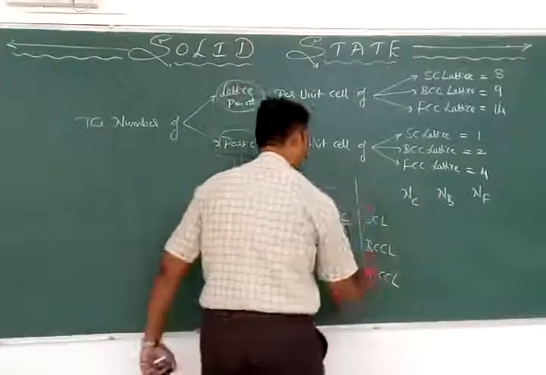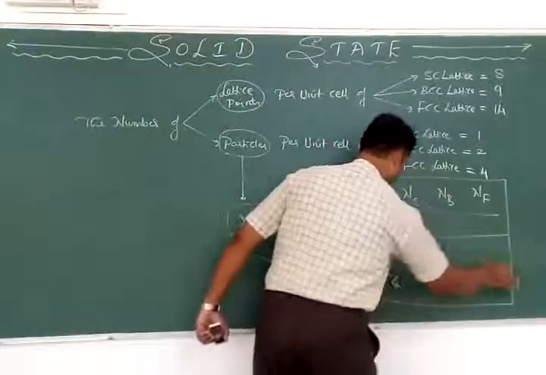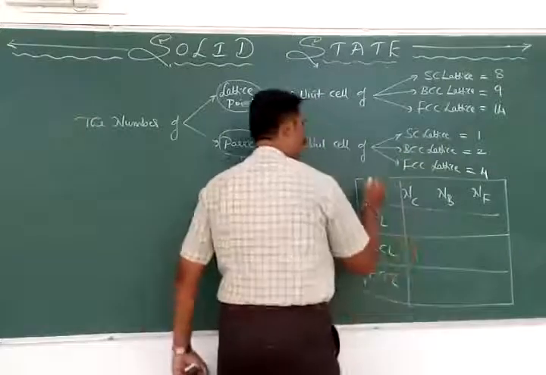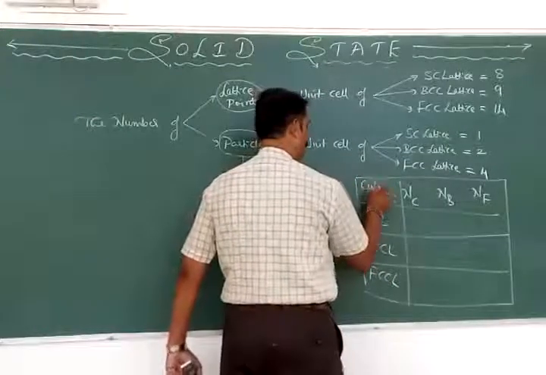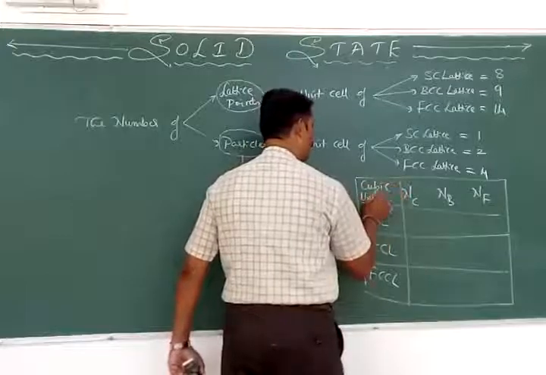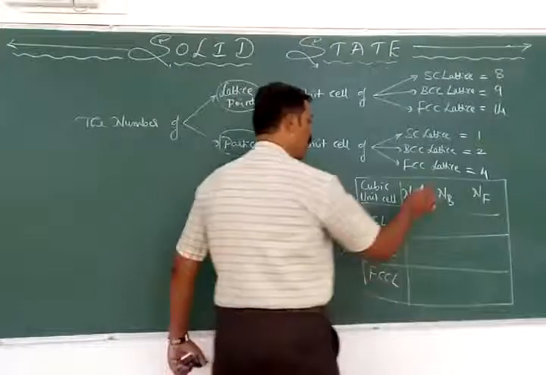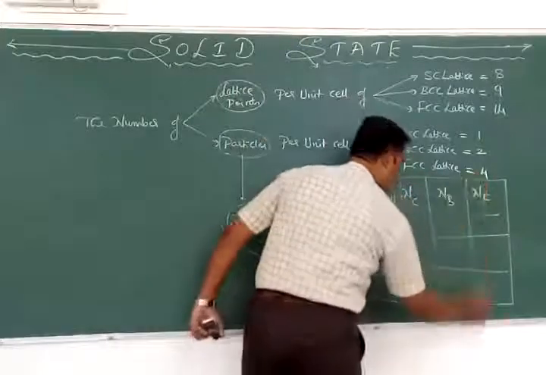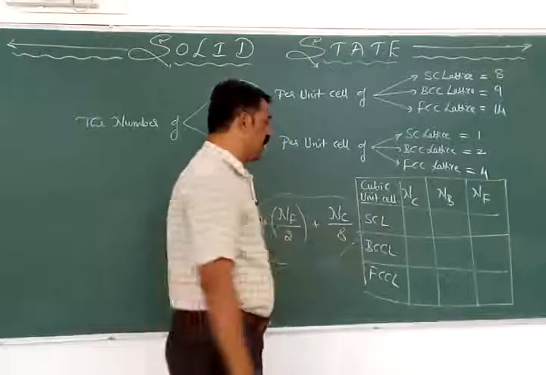So here in every case, cubic unit cell. Cubic what cell here? Unit cell. Cubic unit cell. So here you make it very clear for us. If the cubic unit cell is SCL, then what is NC?